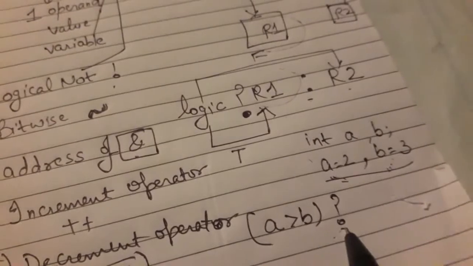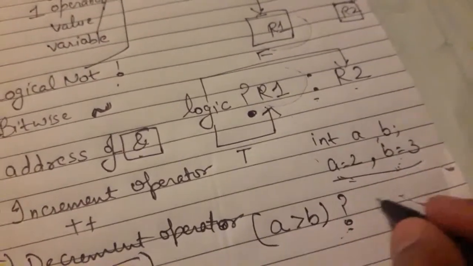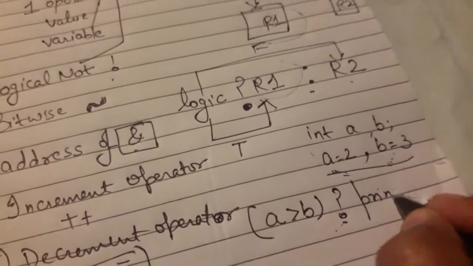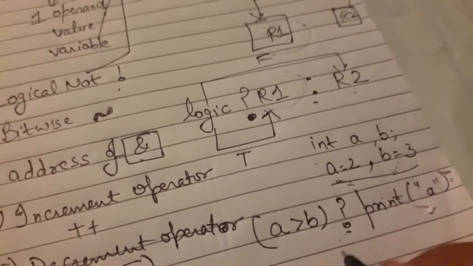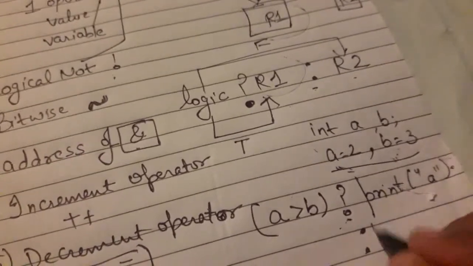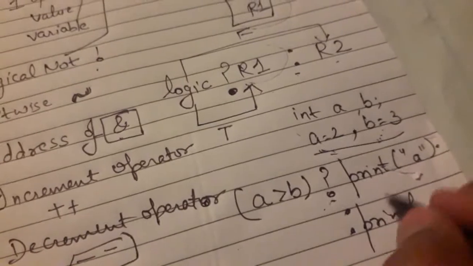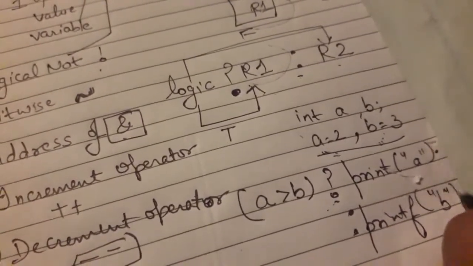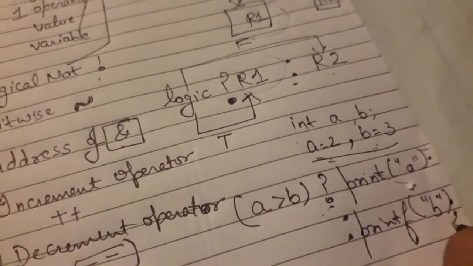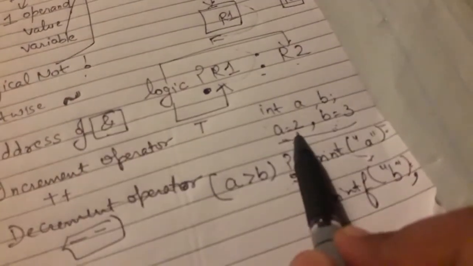Question mark, this helps us check the logic. If this is true, then print a, whatever you want to write, right? And then colon, print b, then semicolon, right?